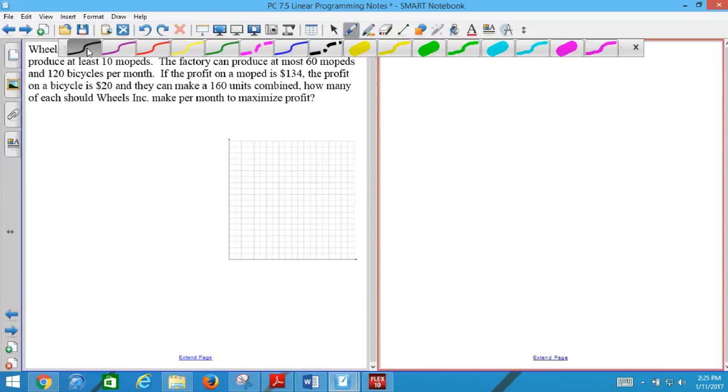Moped. Number of mopeds. X does not equal moped. The number of mopeds.